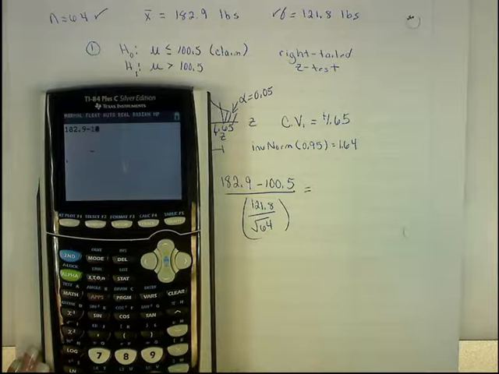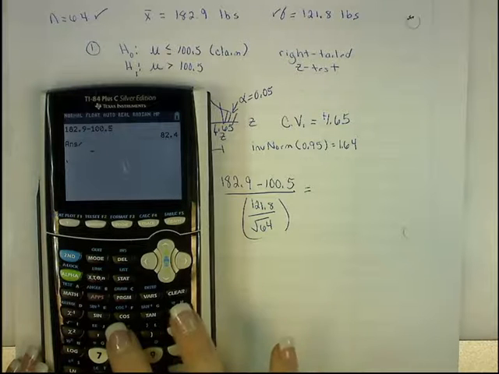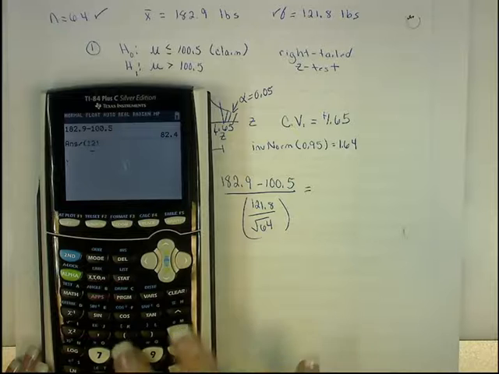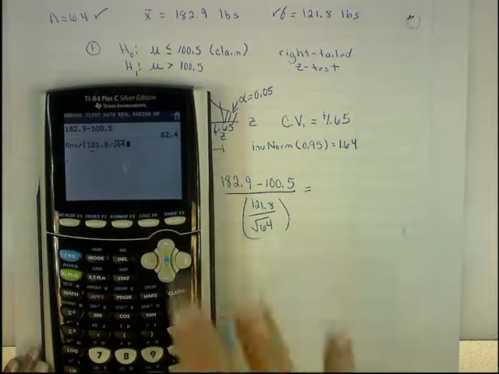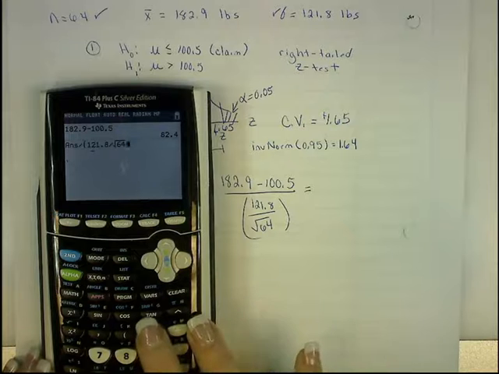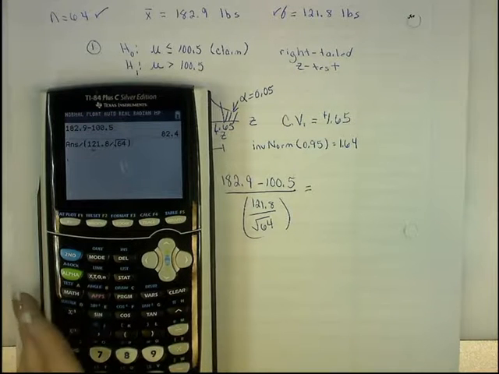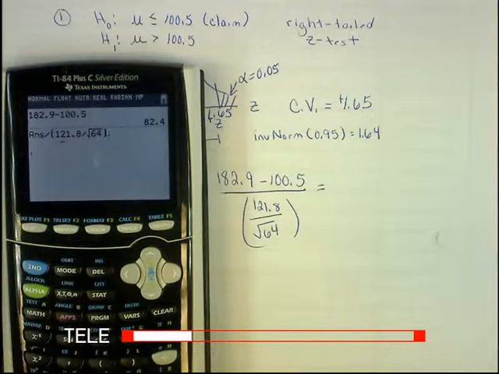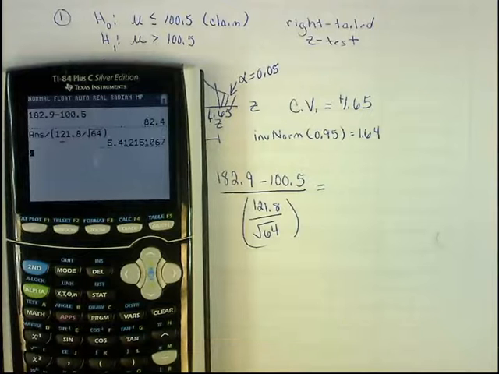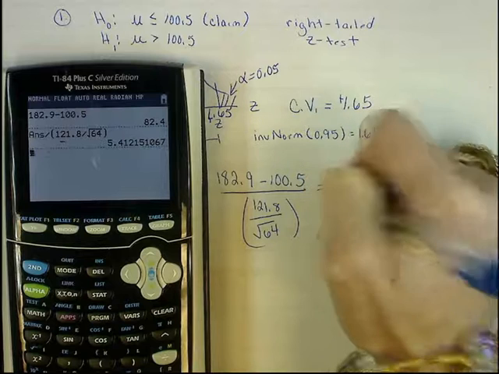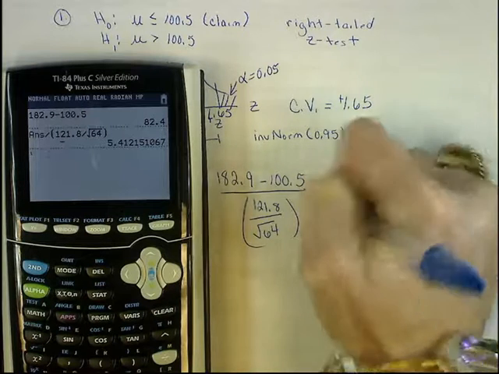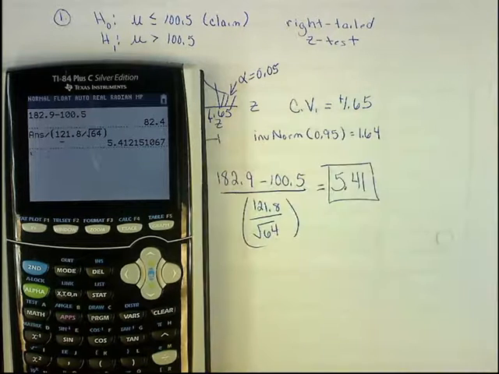182.9 minus 100.5, divided by parentheses 121.8 divided by the square root of 64, arrow out from underneath the radical and parentheses. Enter. 5.41 to 2 places accurately.